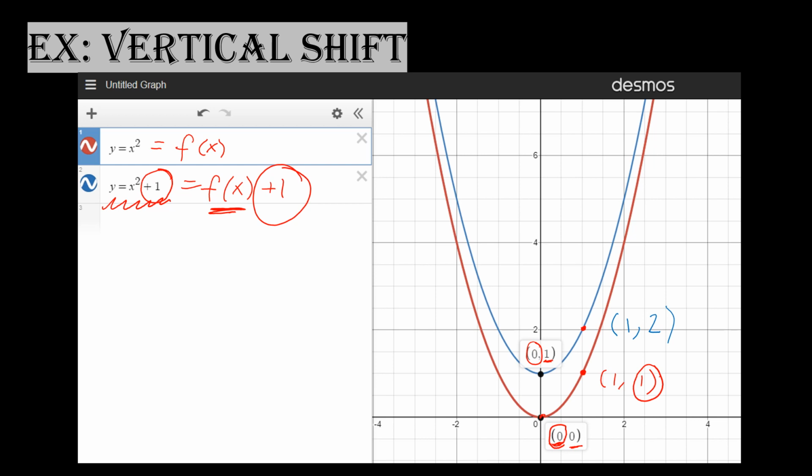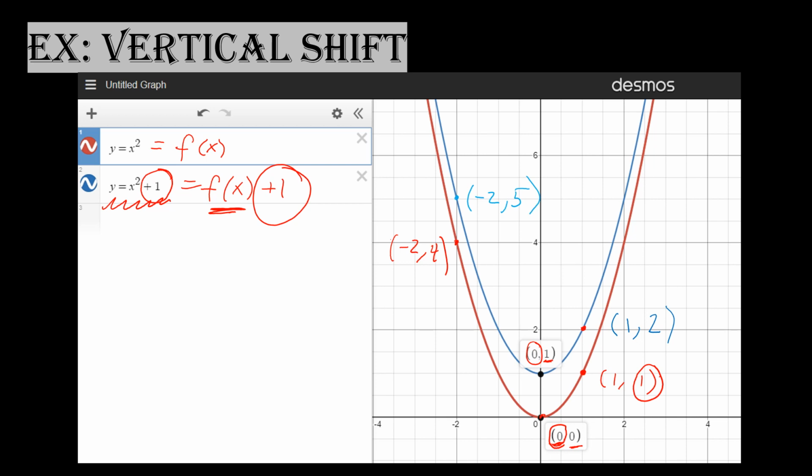Let's just try one more. Again, up here, we have the point (-2, 4). We'll keep the -2, but add 1 to the output, and that's 5.